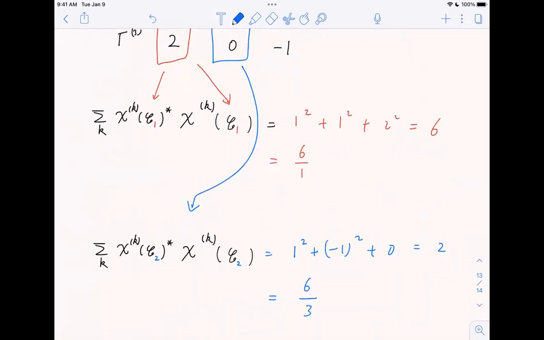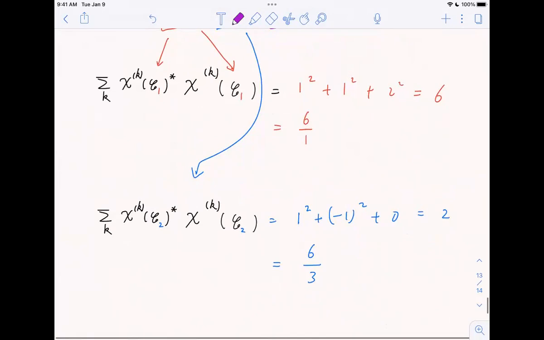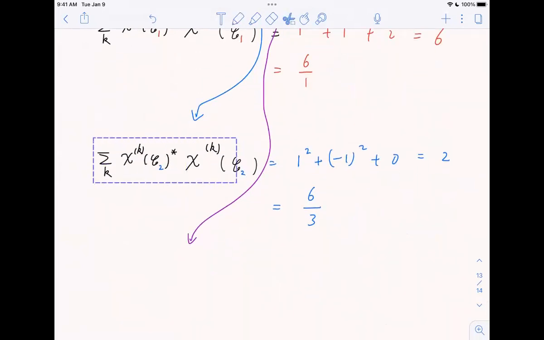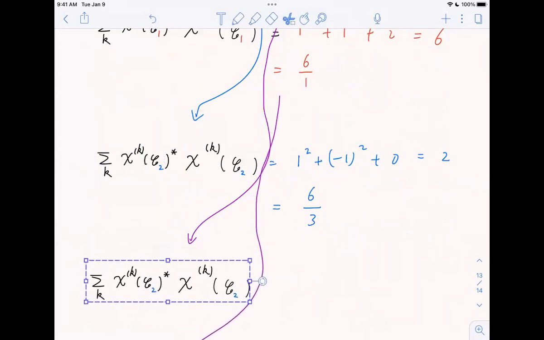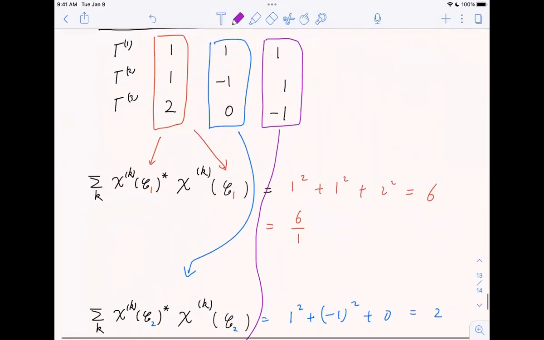You can do it one more time for this one. Then you just use class 3. What's class 3? 1, 1, negative 1.